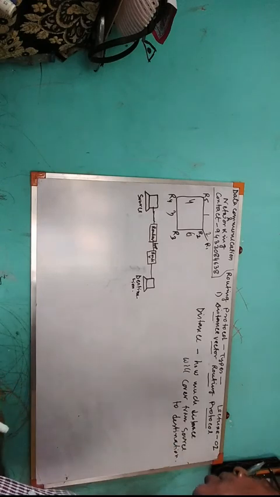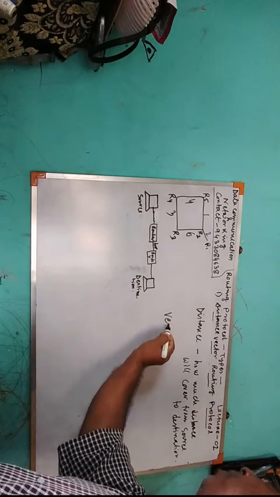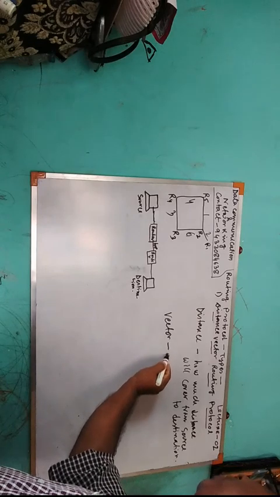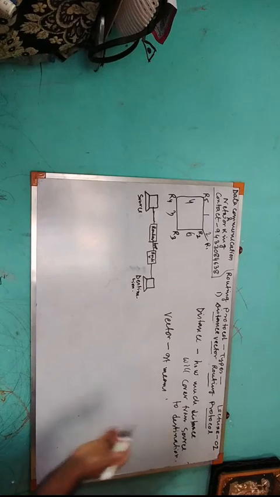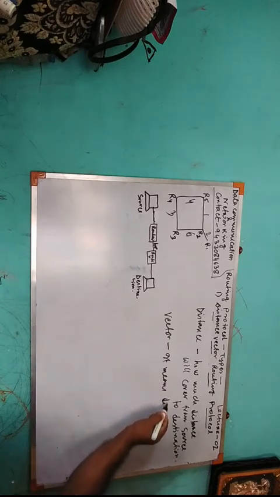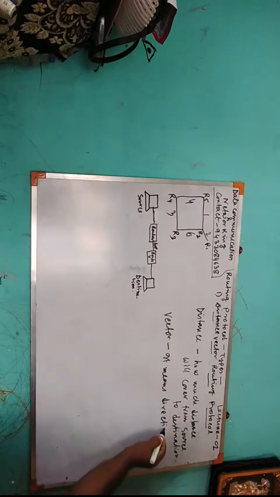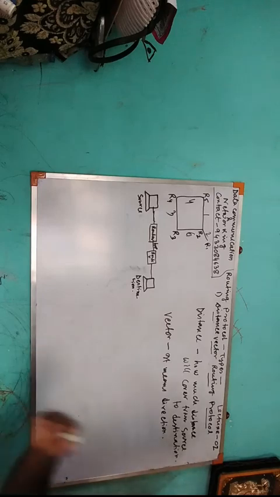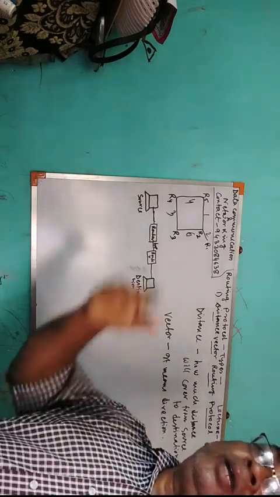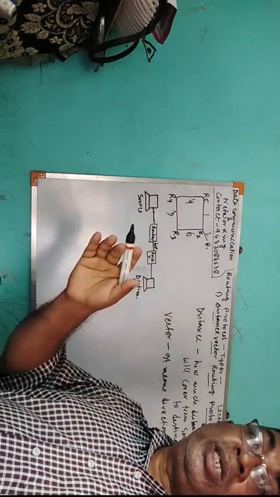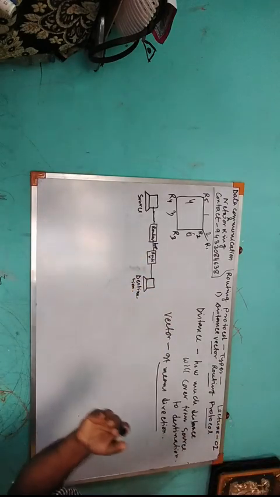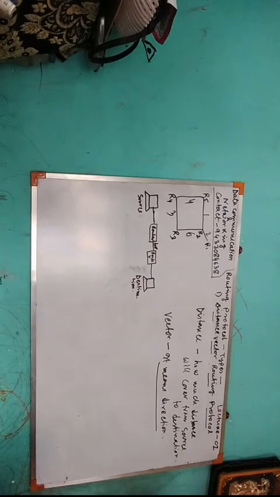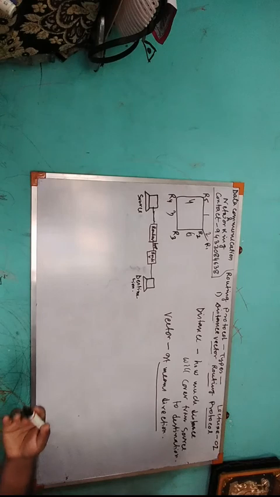Next is vector. Vector means direction. Direction means in which direction the packet will be forwarded from source to destination.